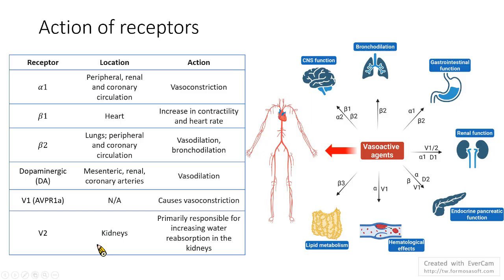The V2 receptors are located on the kidneys, and their primary role is to increase water reabsorption in the kidney.